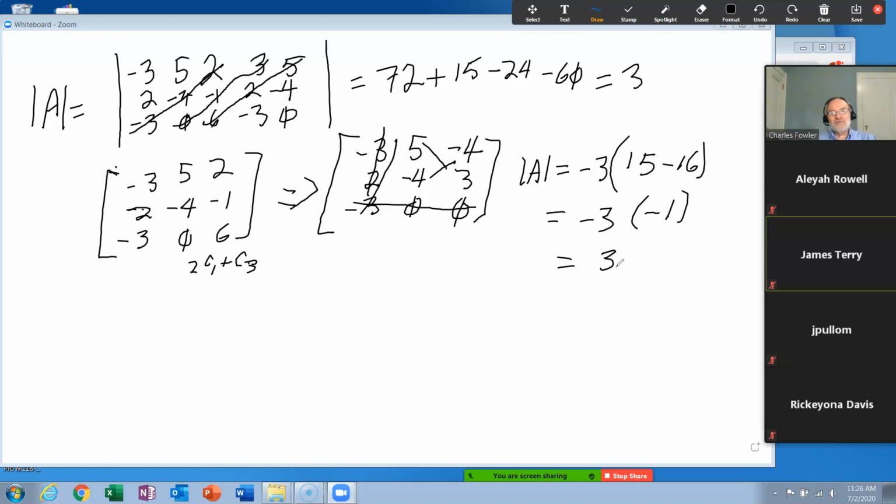The reason this was easier to do this way is you had one 0 there already, so it made it really easy. And then in that same row you had a multiple of the other side, so it made it a very easy thing to do. So that's how they did it.